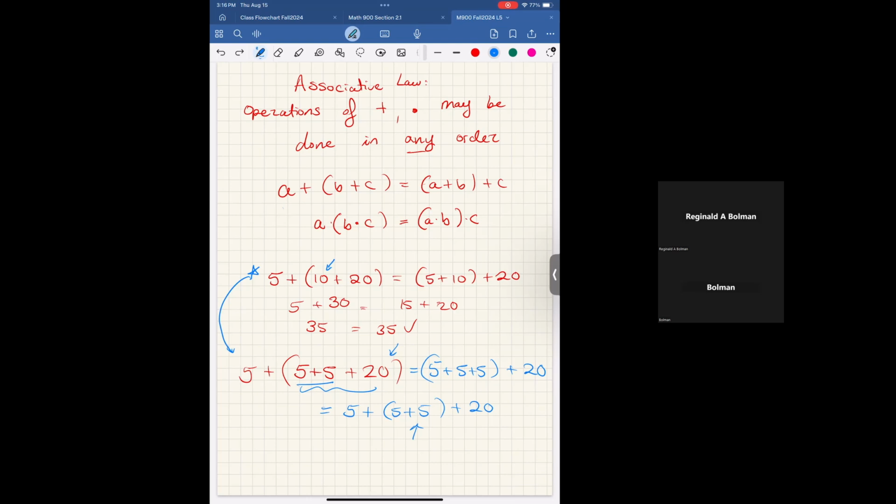But the associative law does not apply for subtraction, okay? Or it doesn't apply if you've got instances where numbers are being added and subtracted. And it certainly doesn't apply for instances where you've got a mixture of different operators.